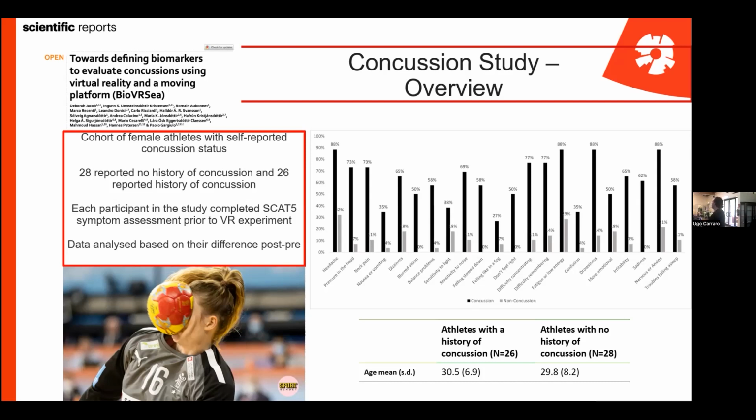And our setup was able to distinguish the two groups a lot better than the SCAT-5, which is the self-reported questionnaire that normally is used to evaluate concussion. So quality, quantity, both together to improve evaluation, to give a more analytical evaluation of physical conditions.